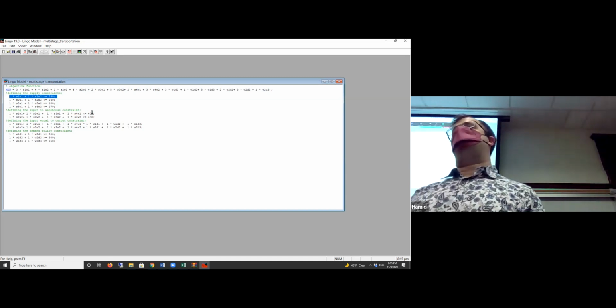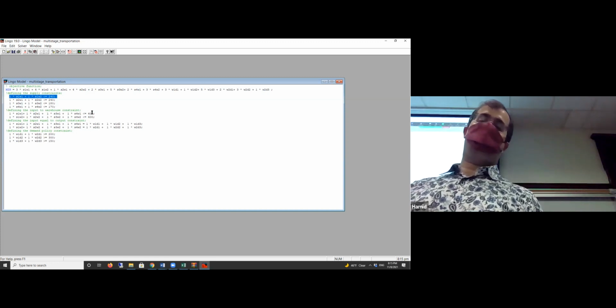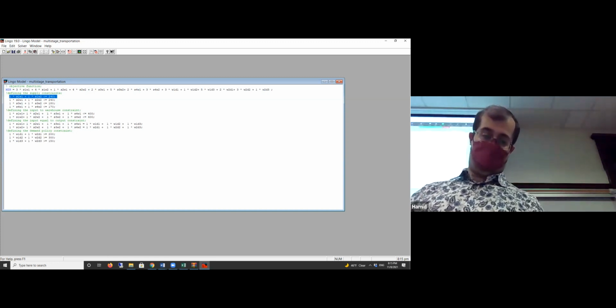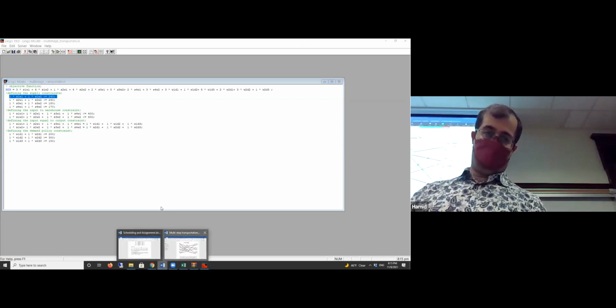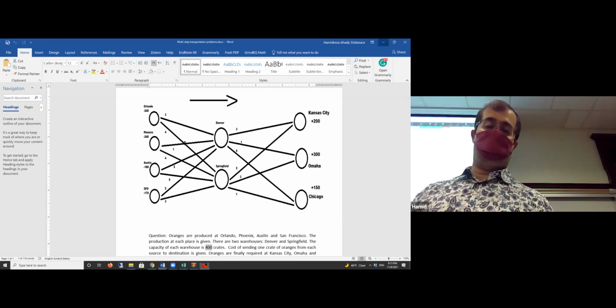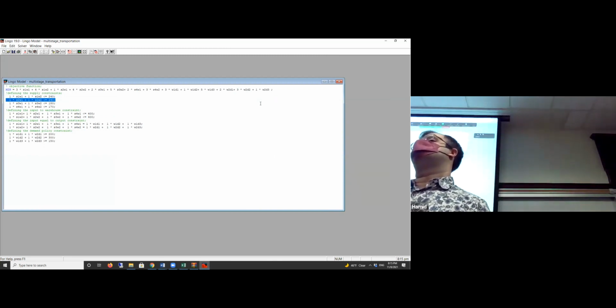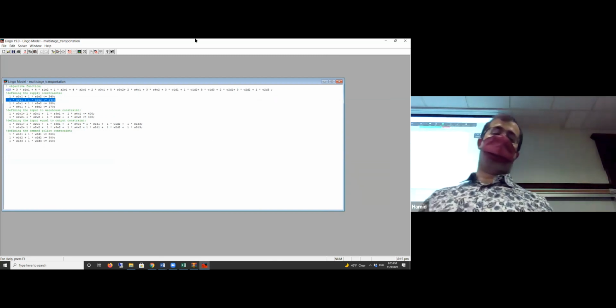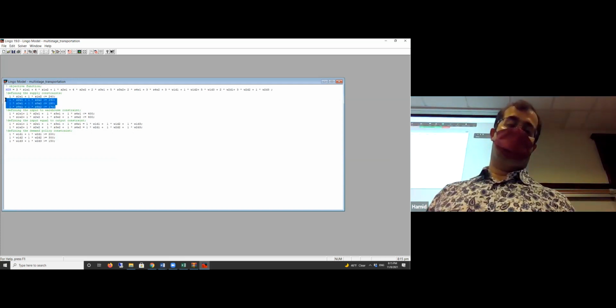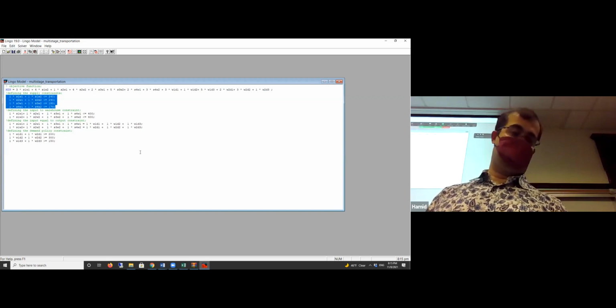I'm just saying whatever you send out of source one should be less than or equal to 240, because this is the capacity of Orlando. Same for Phoenix. Whatever you send from Phoenix to Denver, Phoenix to Springfield, the summation should be less than or equal to 140, which just happened in the next one. And same for the last two supply points or our sources.